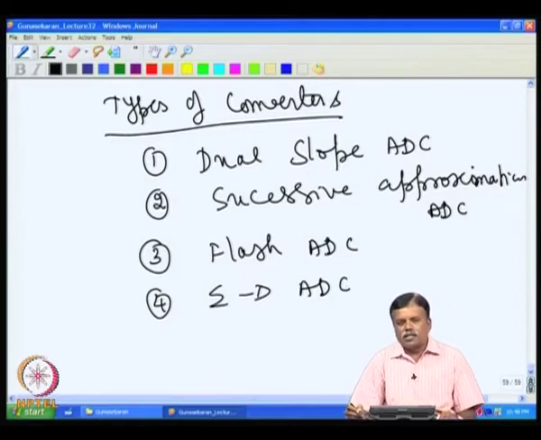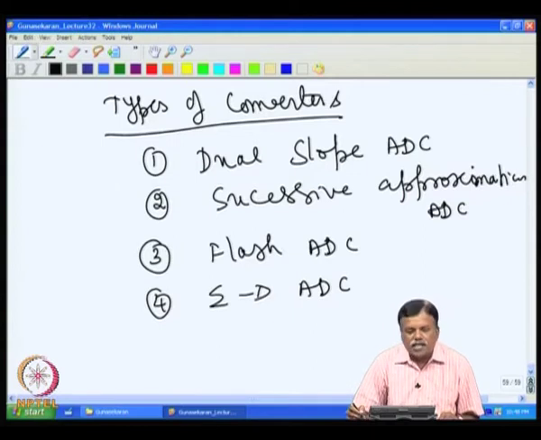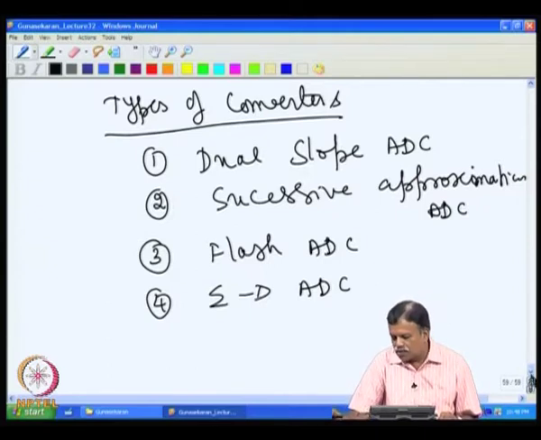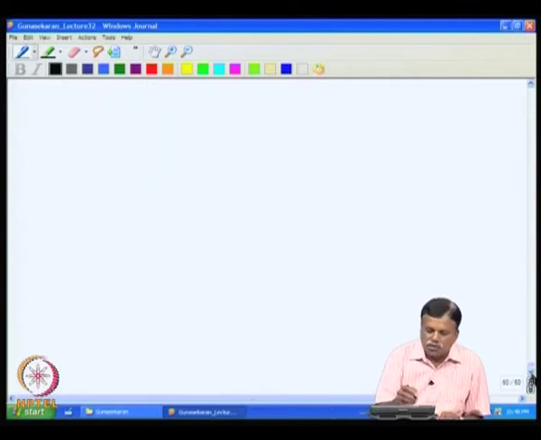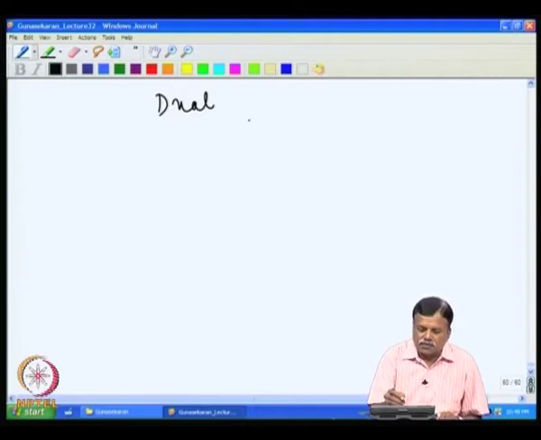So, at this point we will see these 4 different types of A to D converters, how they work, what the errors associated with each one are, and how to use them to best effect. We will start our discussion with the dual slope A to D converter, discuss its usage, and the errors associated with it and so on.